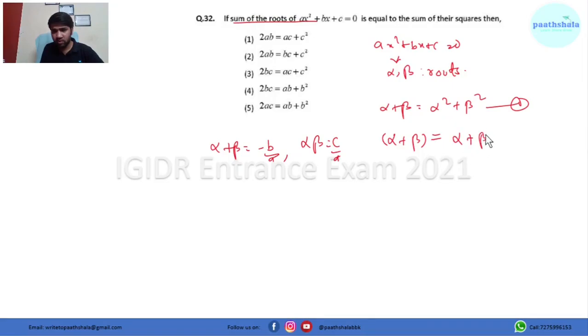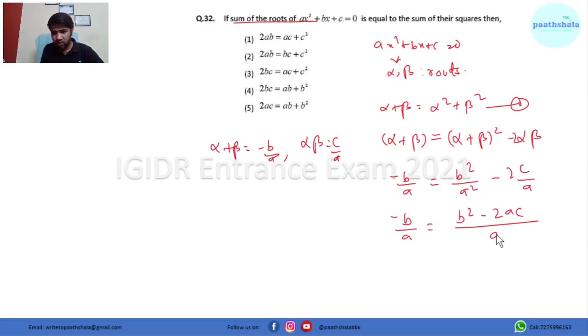This will be alpha plus beta whole square minus 2 alpha beta. Alpha plus beta is minus b by a, so alpha plus beta whole square is b square by a square, minus 2 alpha beta, which is c by a. So here this will come out to be minus b by a, and here it will come out to be b square minus 2ac upon a square.